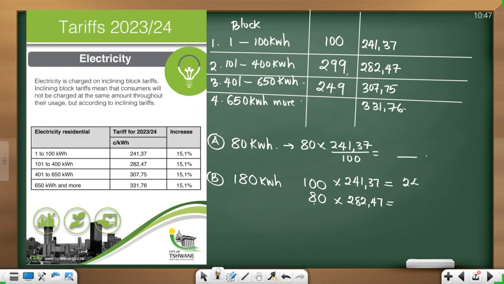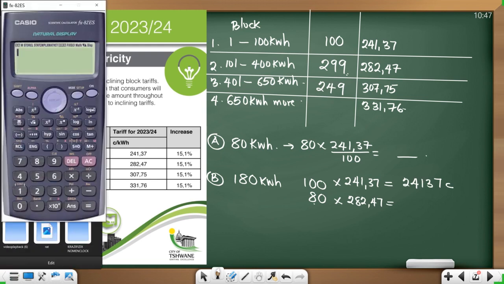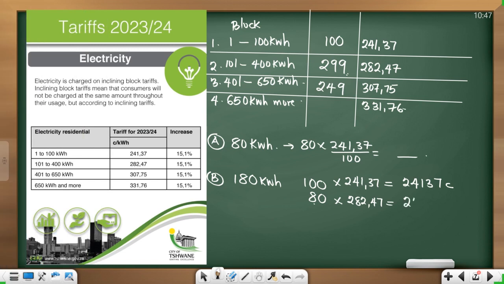100 times 241,37 is 24137. Remember, all of this is still cents. Now on my calculator, 80 times 282,47. What do we have? 22597,6. Now what do I do?